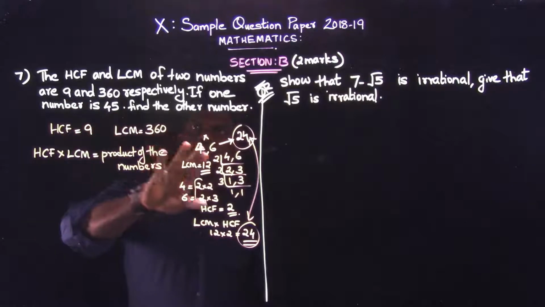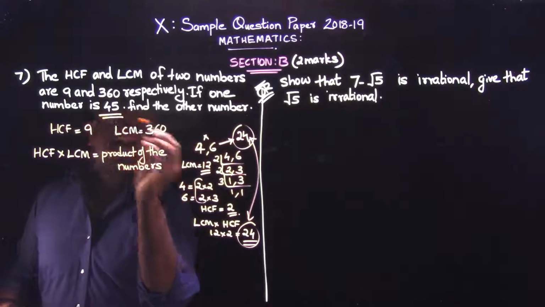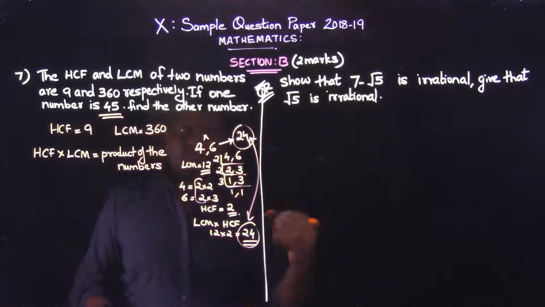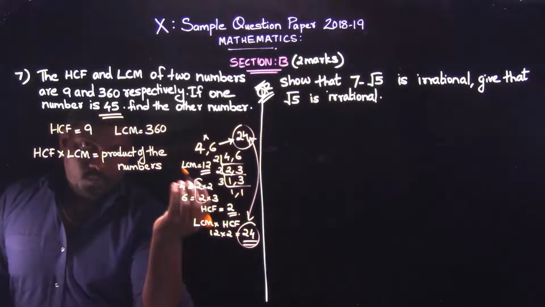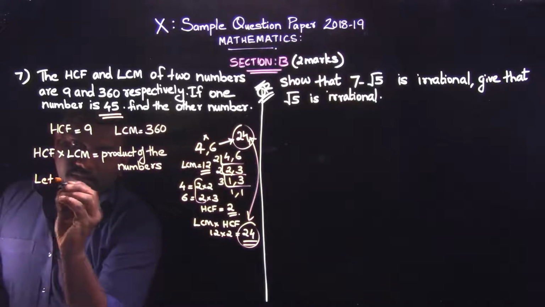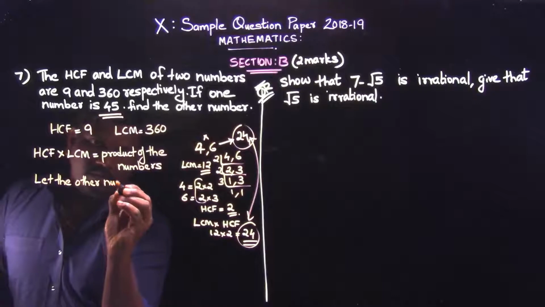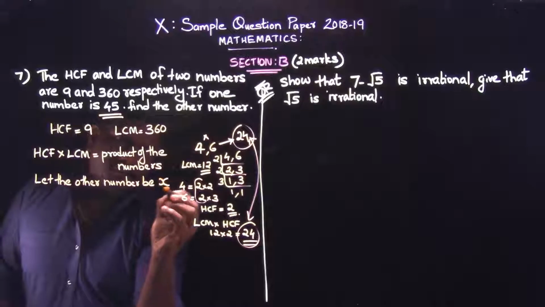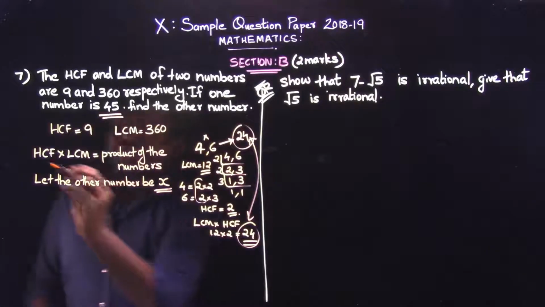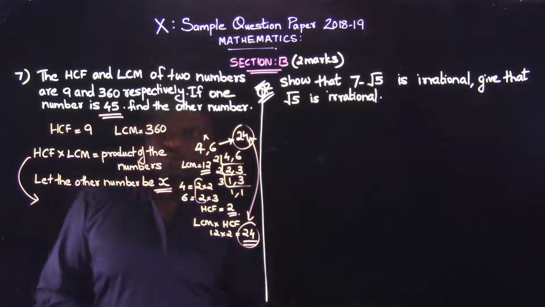So here I'm supposed to find the other number, because one number is given, 45. If you want, you can also write like this: let the other number be x. As I have told you, this equation HCF into LCM is equal to the product of the numbers.